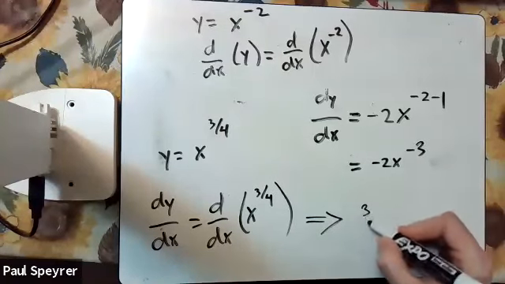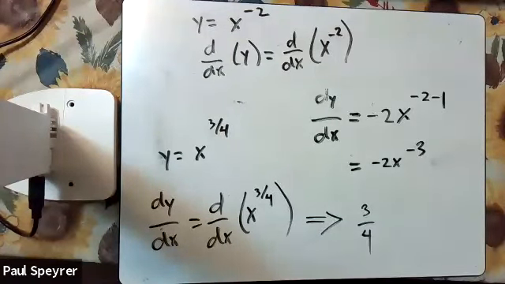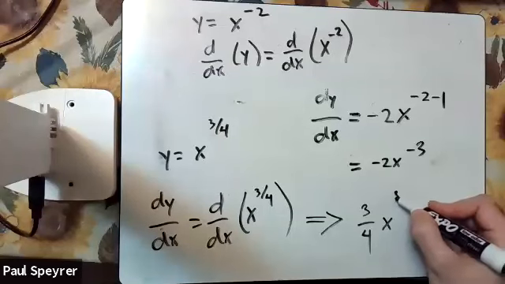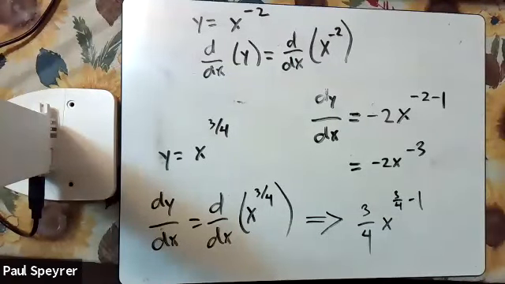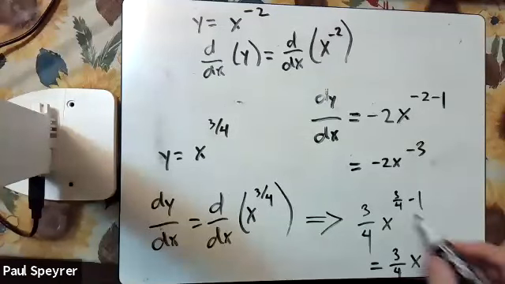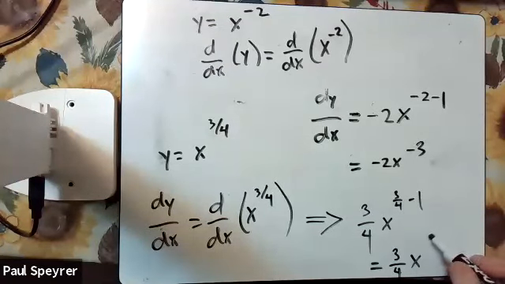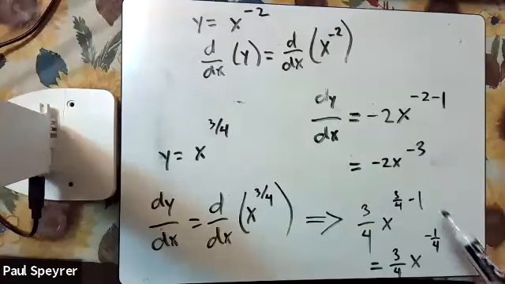So this becomes 3/4, because that's the n, x to the 3/4 minus 1. Well, you got to simplify, right? This is still 3/4. This is x. But what's 3/4 minus 1? That's negative 1/4, right? So again, just watch the arithmetic right there. That's the spot that people mess up on, just subtracting or adding up the numbers that appear in there like that.